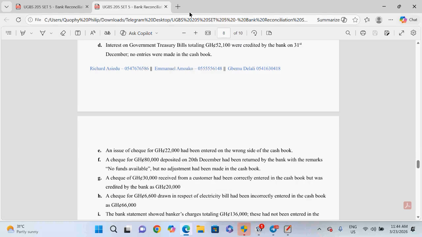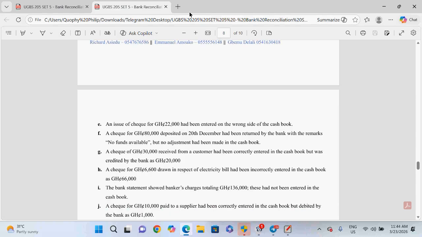No entries were made in the cash book. E. An issue of check for 22,000 had been entered on the wrong side of the cash book. F. A check for 8,000 deposited on 20th December had been returned by the bank with the remarks no funds available, but no adjustments had been made in the cash book.